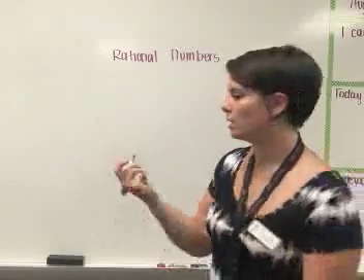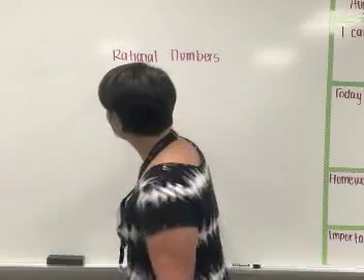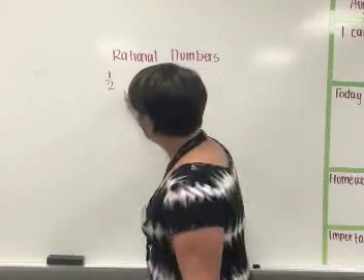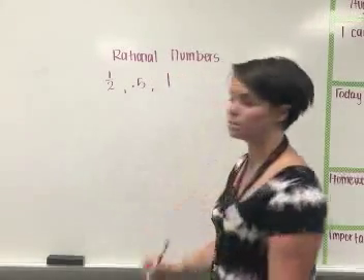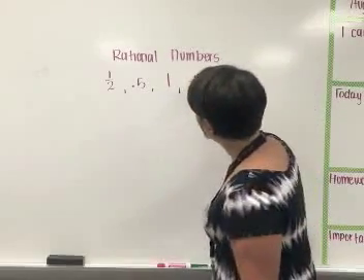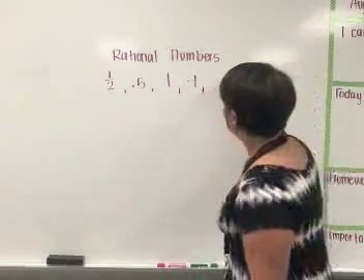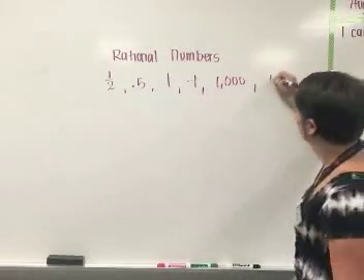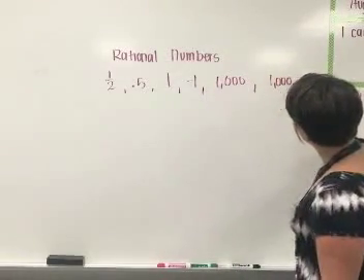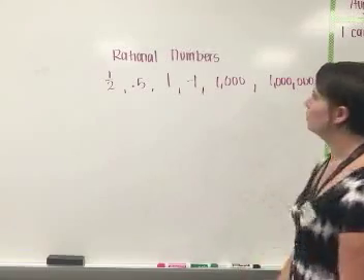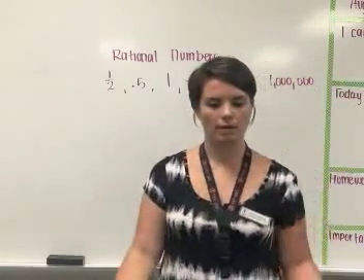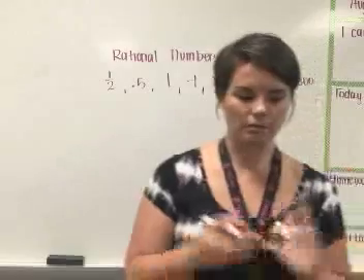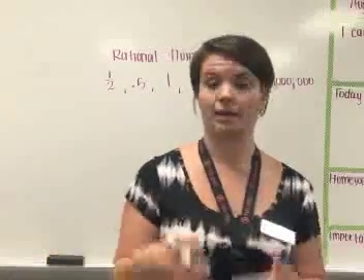All of those numbers are rational numbers. 1/2 is a rational number. 0.5 is a rational number. 1 is a rational number. -1 is a rational number. 1,000 is a rational number. 1,000,000 is a rational number. Okay? Got it? Great. So, since they include everything, they include fractions.